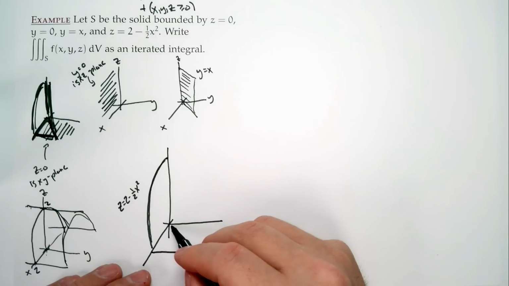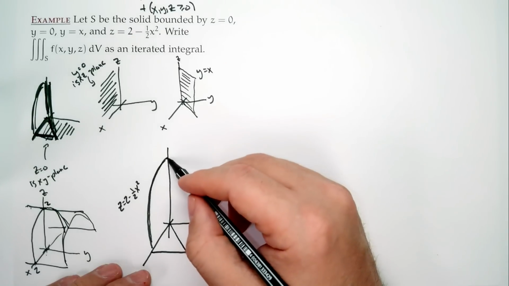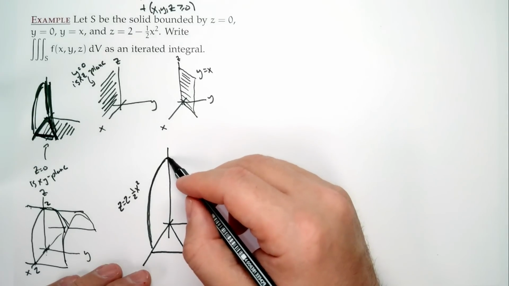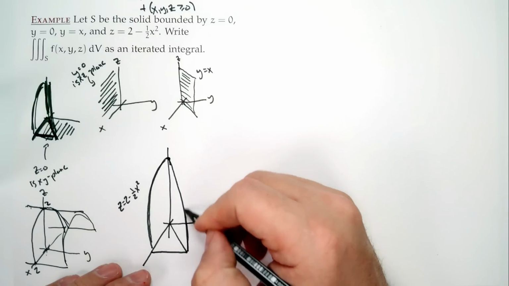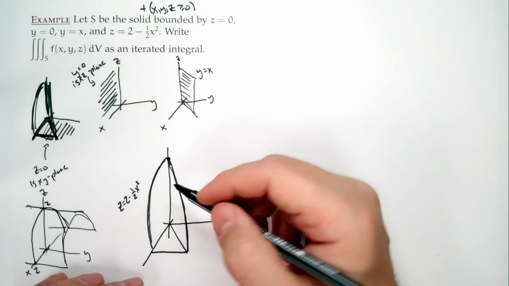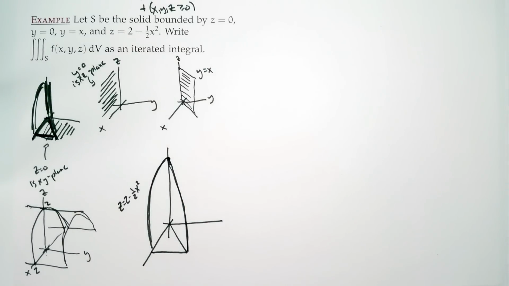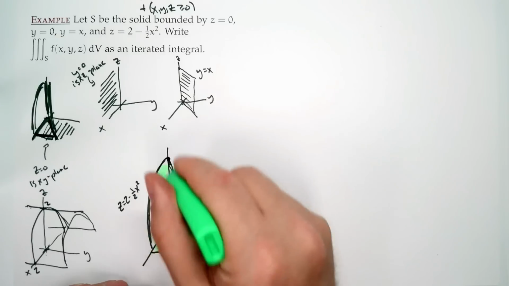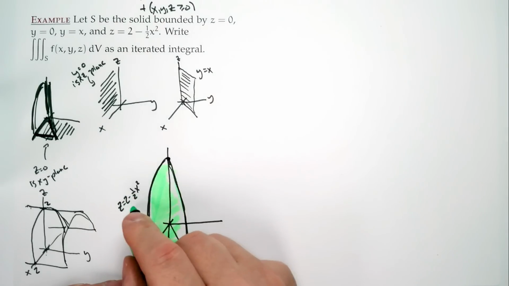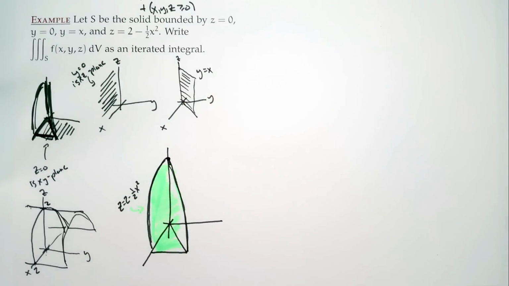So our shape is the following. And this is the one that's harder to see, but okay. So what we have is four pieces. So this face, the curved face, that's our z equals 2 minus a half x squared. The other faces are easier to spot.